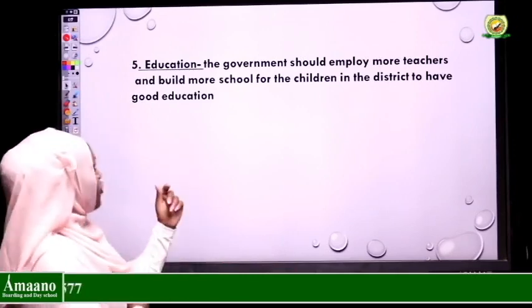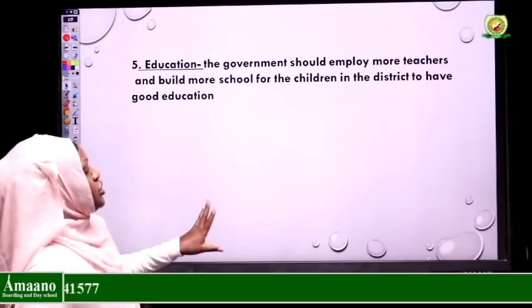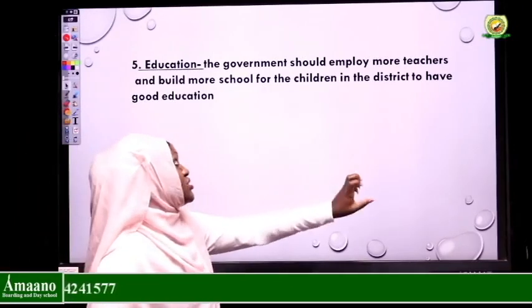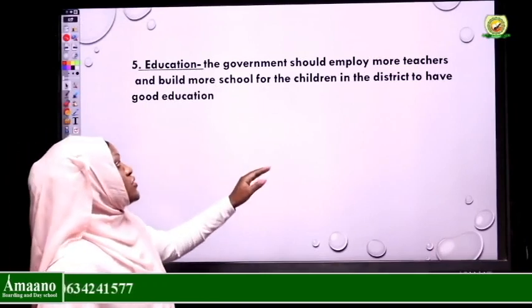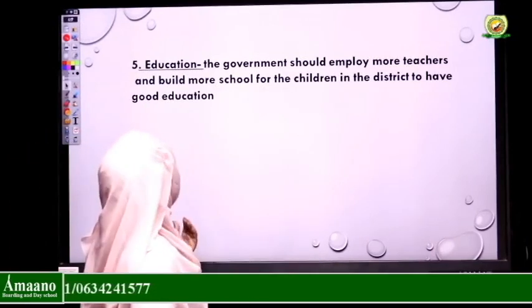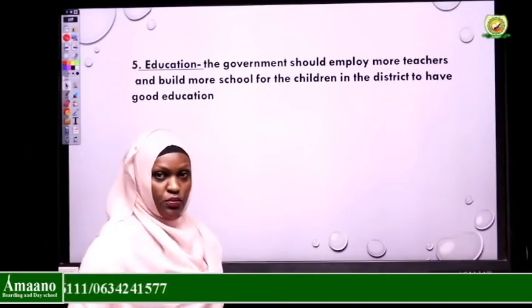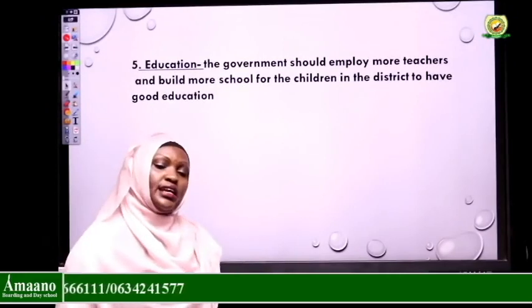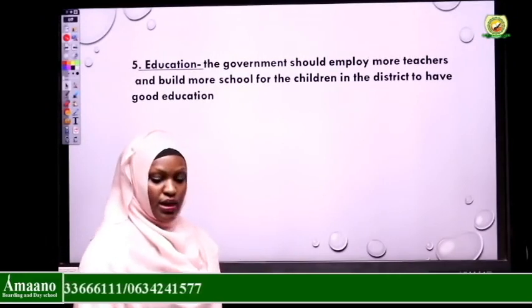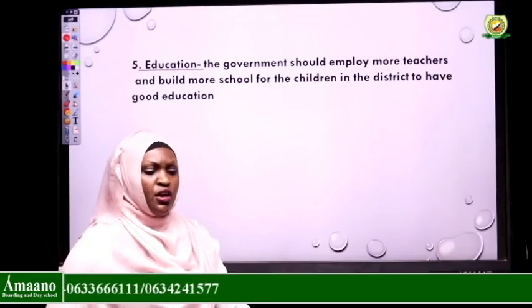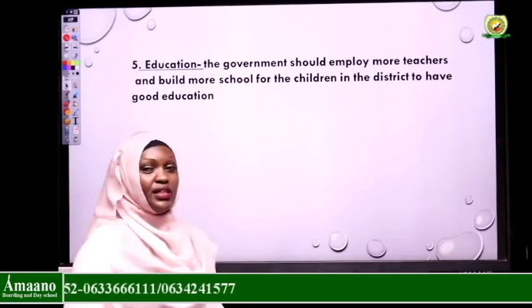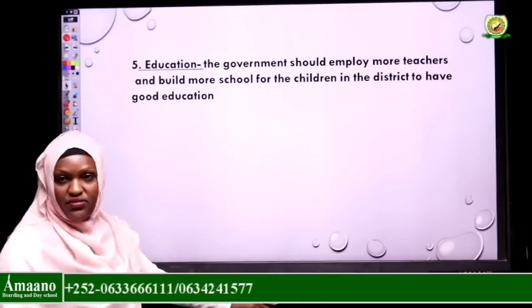So the government should ensure that they employ more teachers and build more schools for the children in the district to have good education. Because if you're sharing, seated like 5 students in one seat, you're not even comfortable. You find that even in some schools, they don't have teachers.